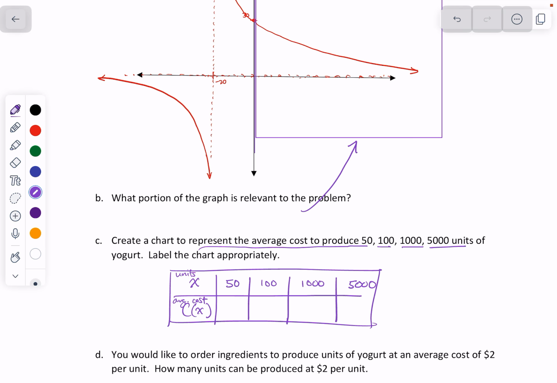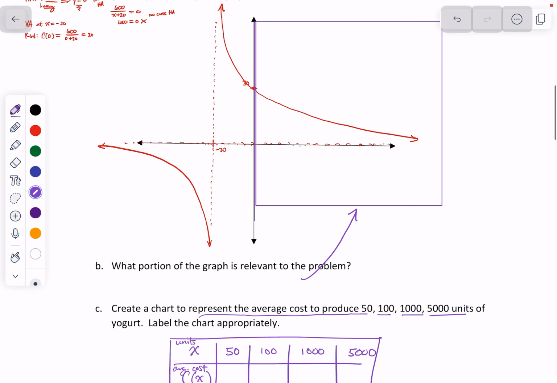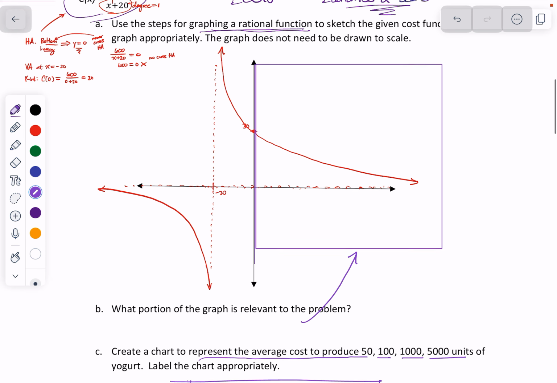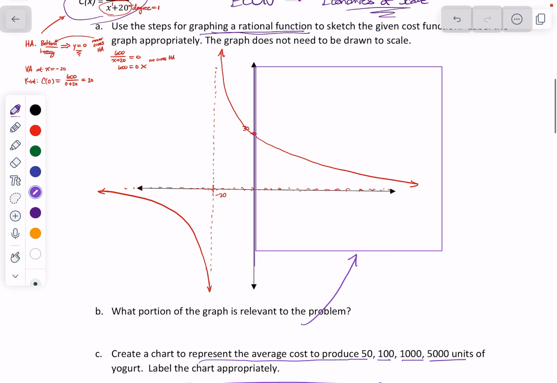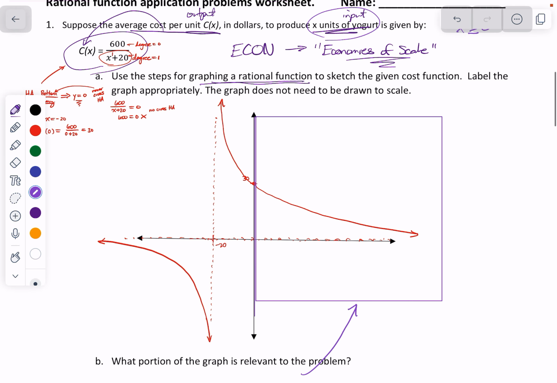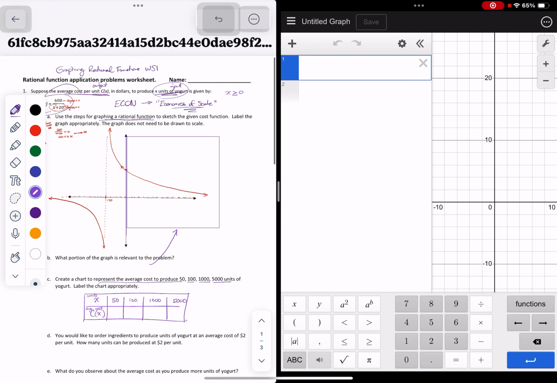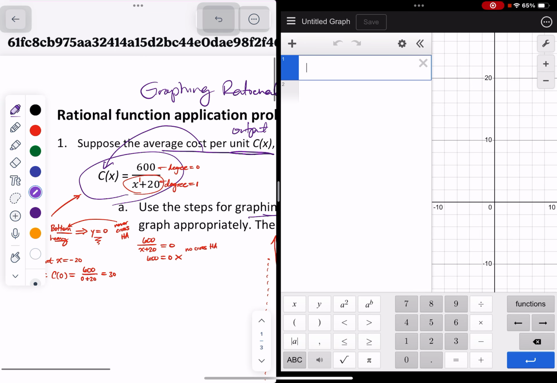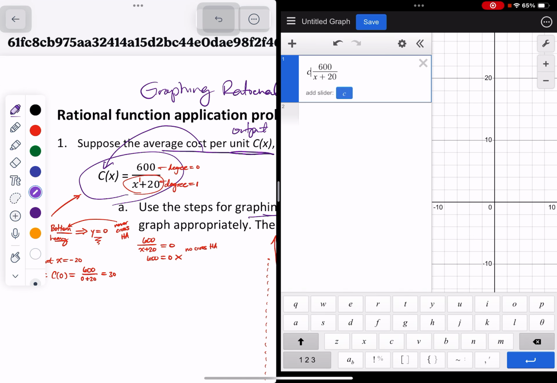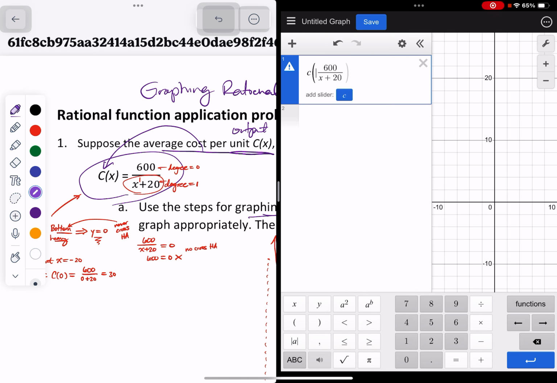All right. And so what are we going to do here? Well, I think at this point, probably best to go ahead and just rely on a calculator. So I'm going to split screen, be fancy. And we're going to just put it in. All right, C of X equals.